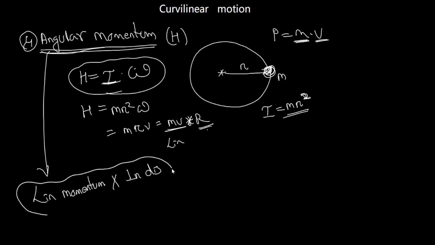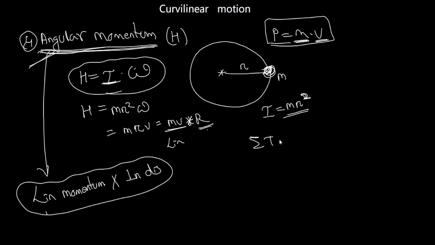That means the moment of the linear momentum is known as angular momentum. If you know the linear momentum, p is equal to m v, you just multiply with the perpendicular distance, that is nothing but radius, and you will get the angular momentum. Getting my point?